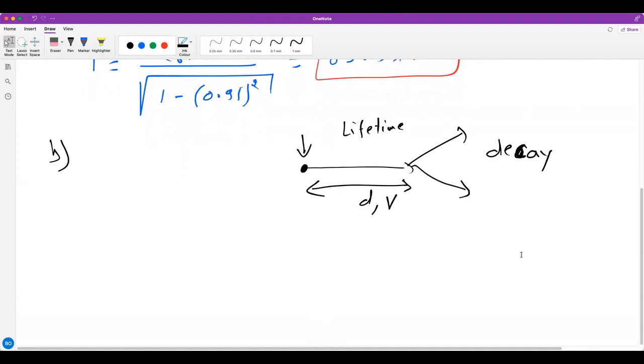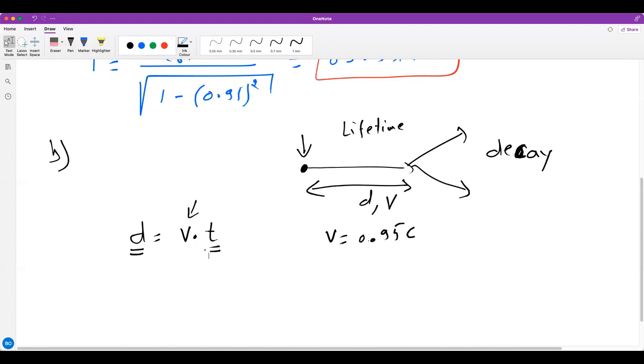Okay, so because the particle has a constant speed, it's obvious that the distance is equal to the speed times time. Now, we want to measure the distance. We know that the speed is 0.95 c. But what time should we use?